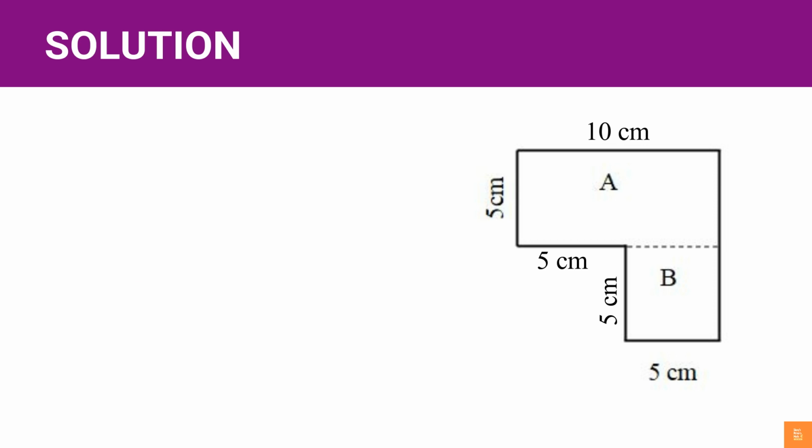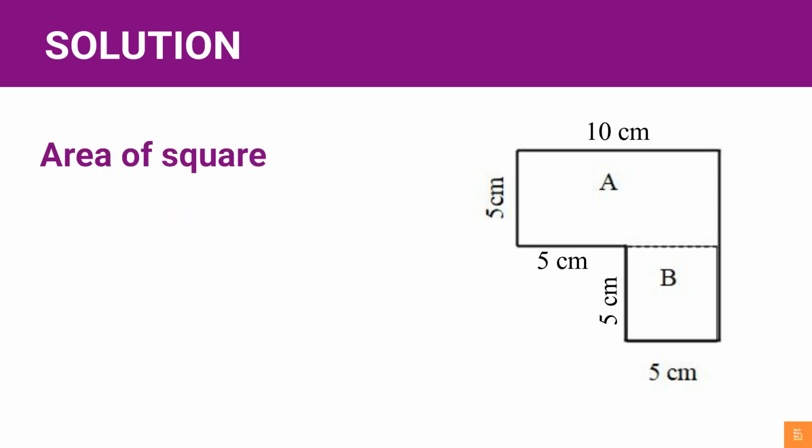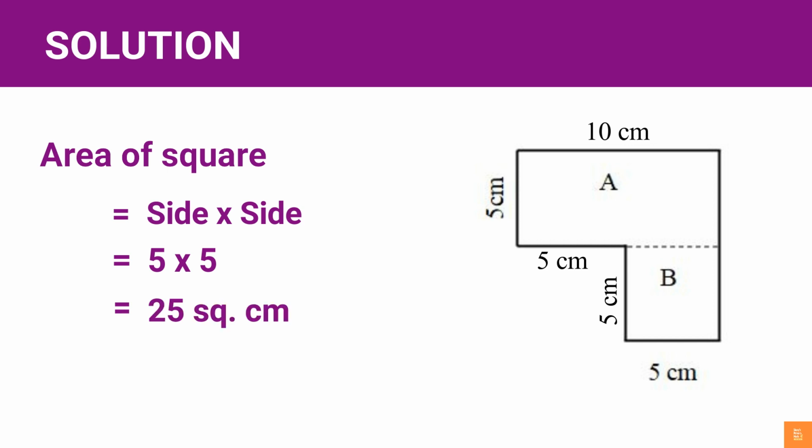Now calculate the area of part A and part B. Area of rectangle is equal to length into breadth equals 10 into 5 equals 50 square centimeter. Area of square equals side into side equals 5 into 5 equals 25 square centimeter.